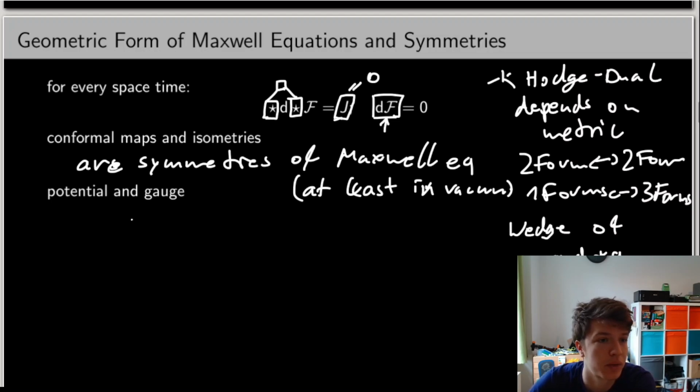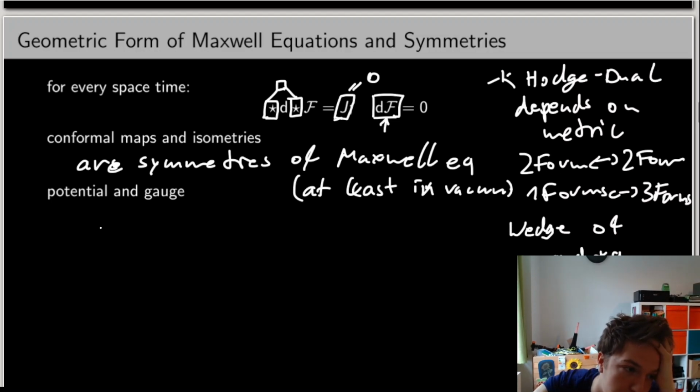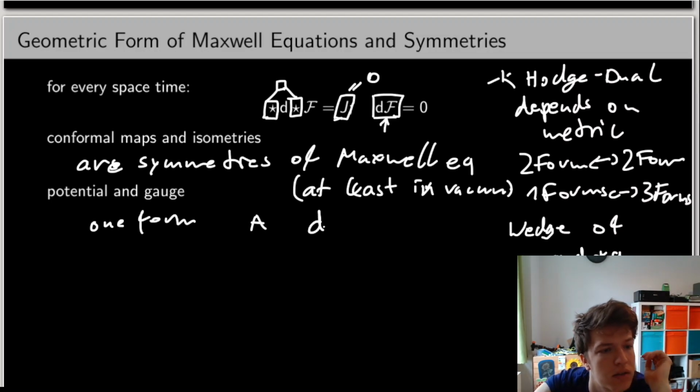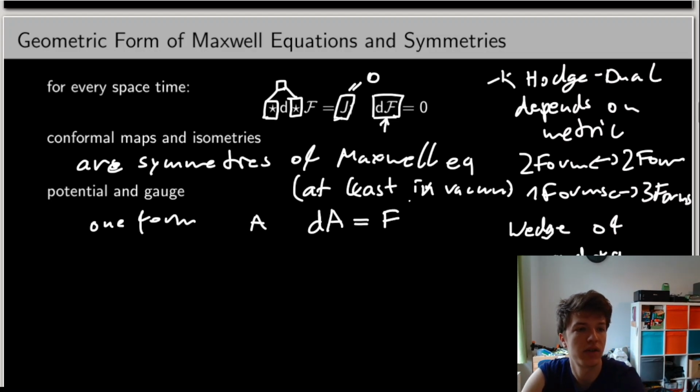And also what we can then define to have a more general overview is the potential, and it's a one form A such that the exterior derivative of A equals F, the field strength.